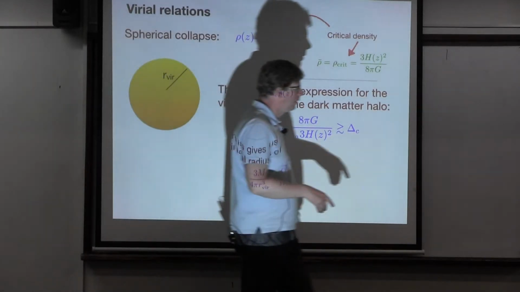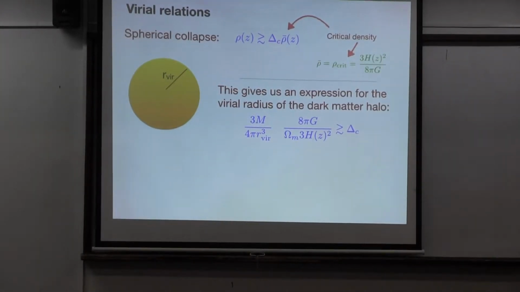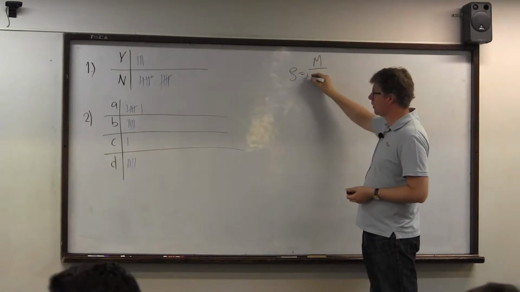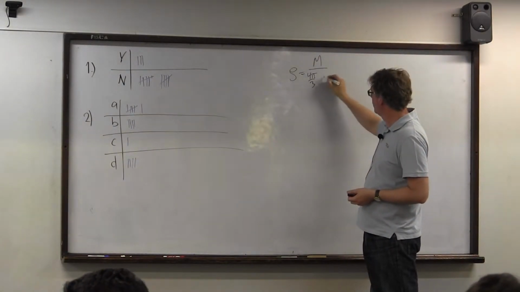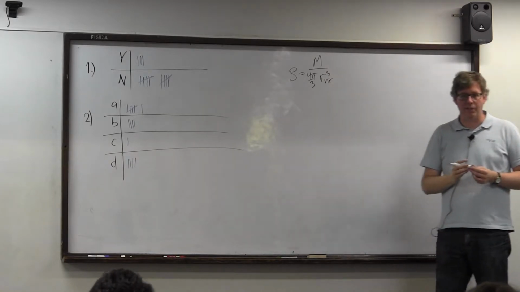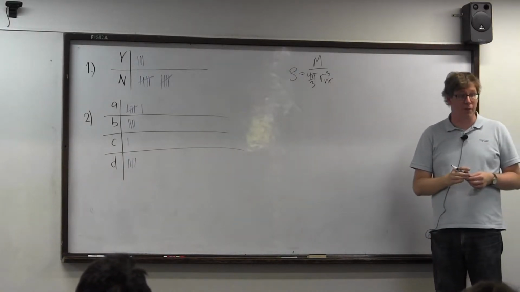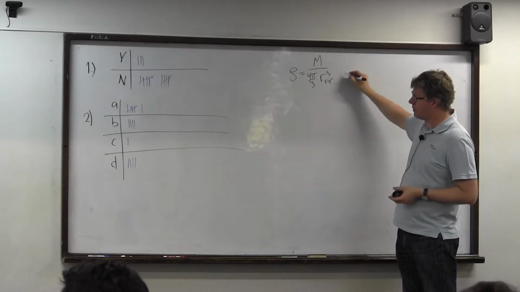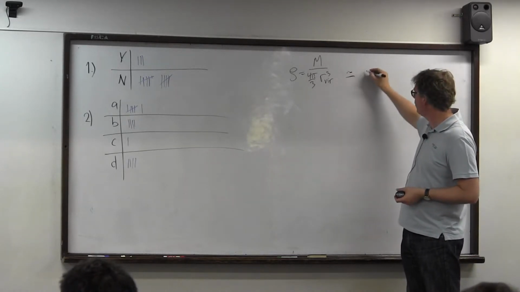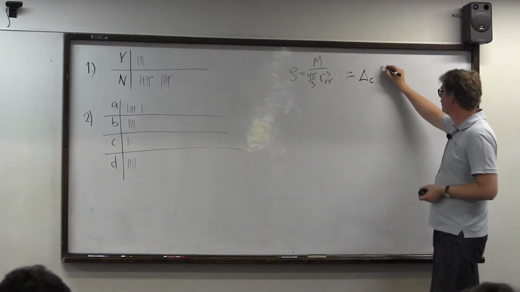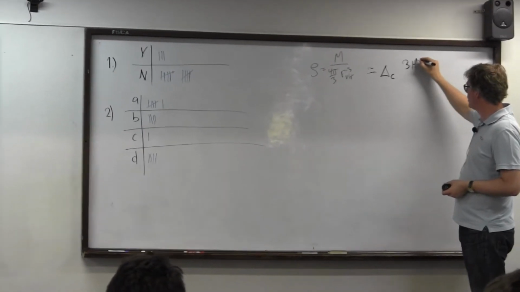So we can do that very easily, of course, because the density is just the mass over its volume. Okay? And we say that radius is the radius of virialization. Okay? So that's the density, and this should be, let's set it equal to delta C times the critical density.